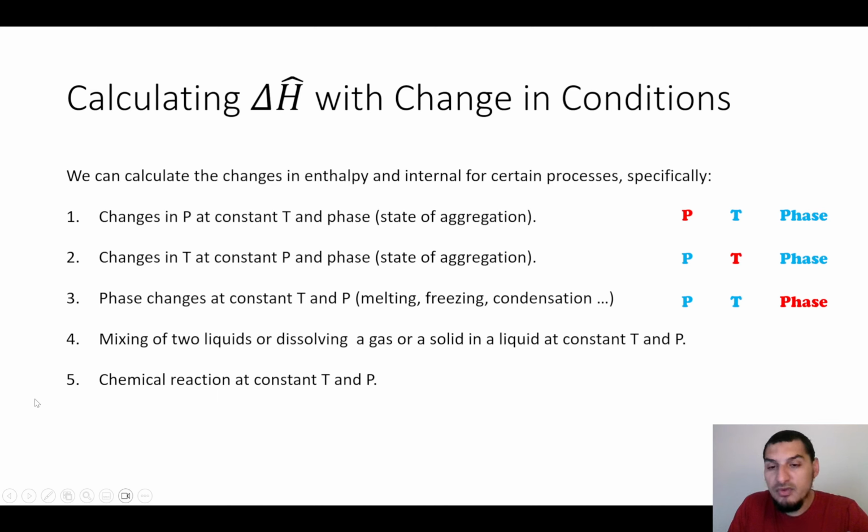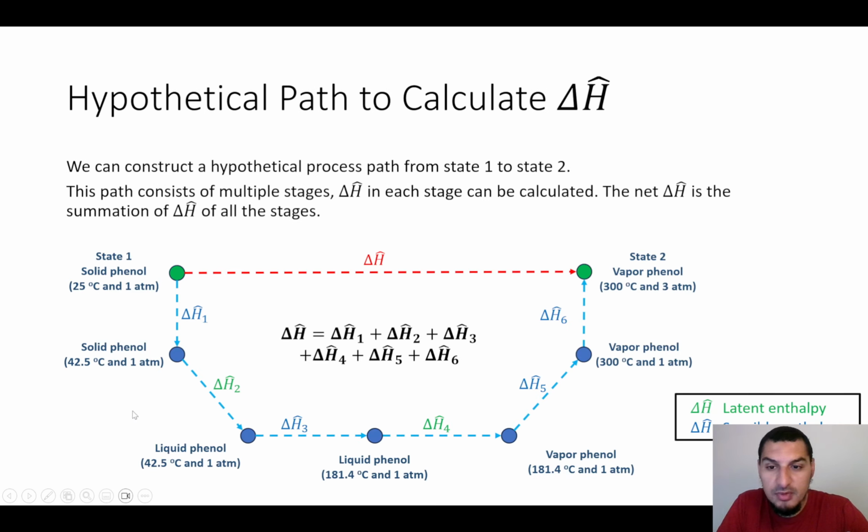Before we proceed, if we look at these cases and you check back the hypothetical path that we put here, you'll understand why we put all these segments here. Each one of these segments includes change in one of the three conditions. Here you have change in temperature, here there is a change in phase, here a change in temperature, change in phase, change in temperature, change in pressure.